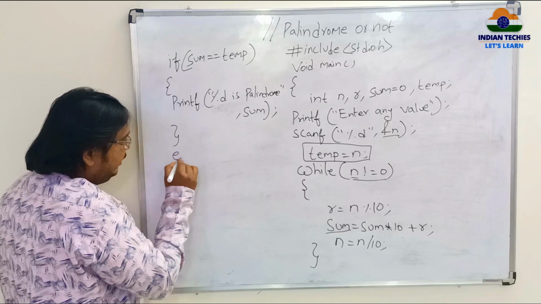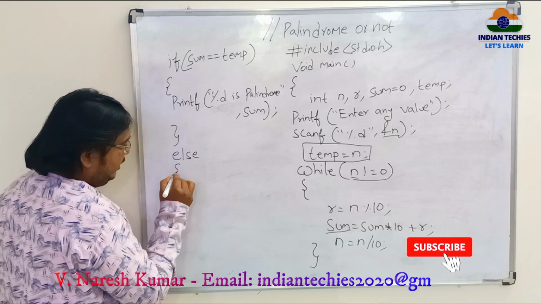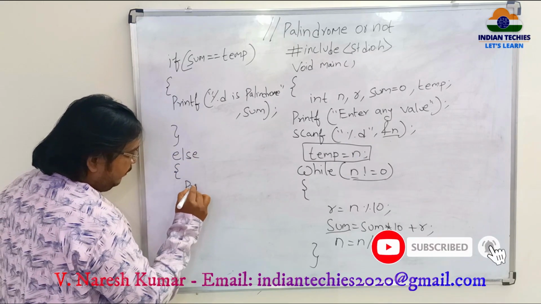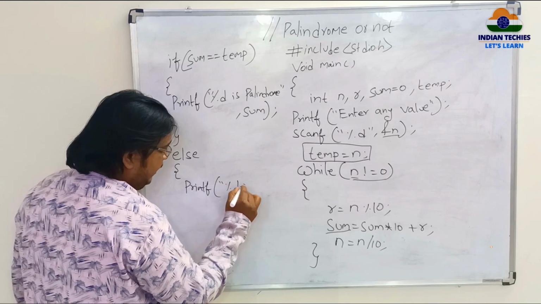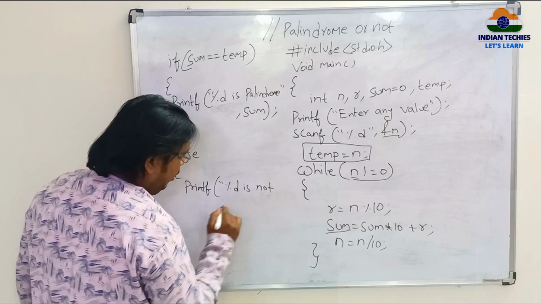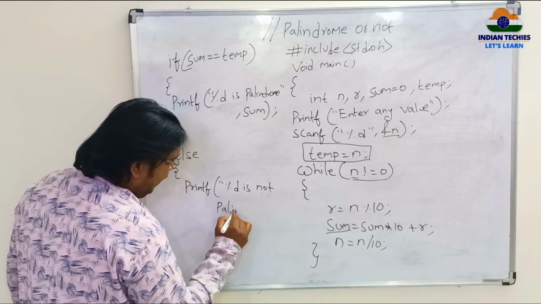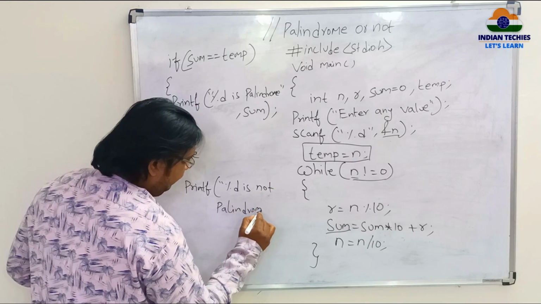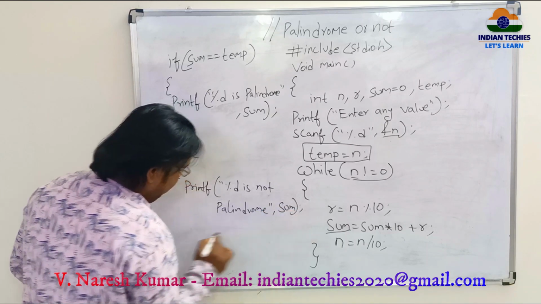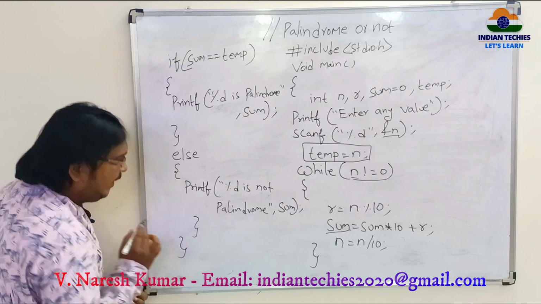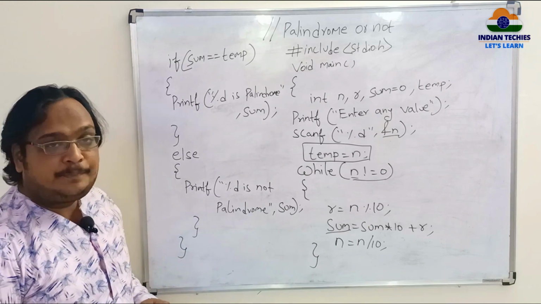The meaning is it is not a palindrome. That is else printf "%d is not palindrome". So what is that? Sum. Close else and close main. This is how you perform it.